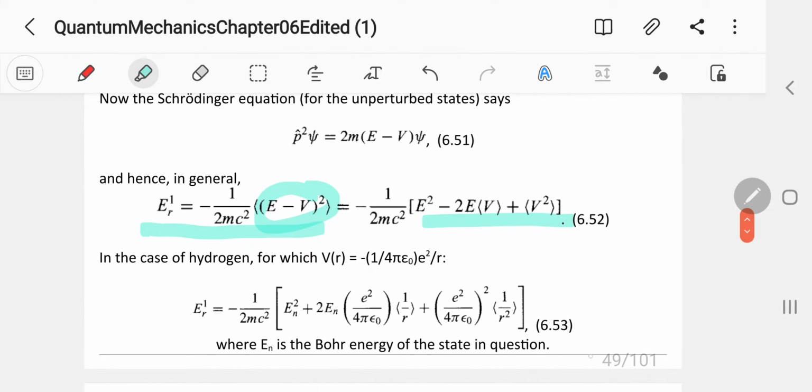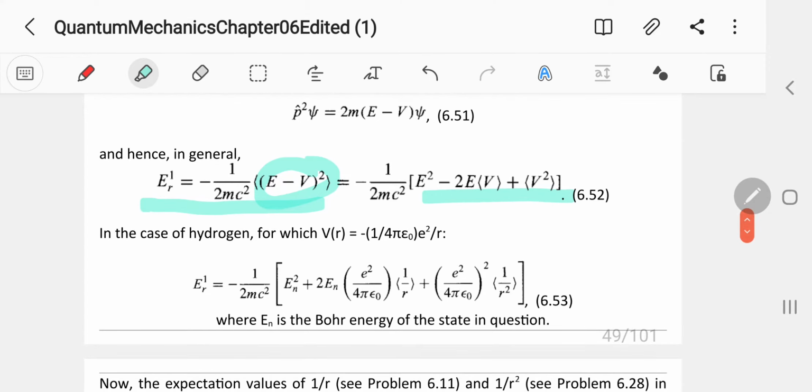So for hydrogen, for which the potential is just equal to minus 1 over 4 pi epsilon naught, our Er1 would be equal to minus 1 over 2mc squared times the quantity En squared plus 2En times e squared over 4 pi epsilon naught times the expectation of 1/r, and then you have this, and also times the expectation of 1/r squared, where En there is the Bohr energy of the state in question.